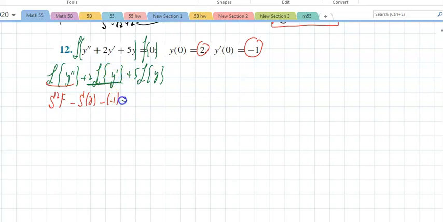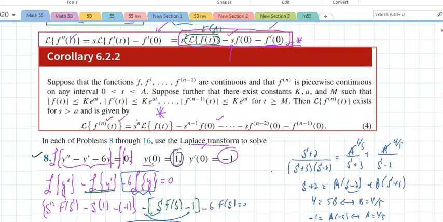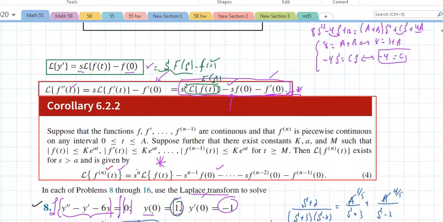This piece, plus twice, if I take Laplace applied on y prime, that is twice s F of s minus y prime, which is a negative 1. It is y prime, right? I'm just doing that out of minus F of 0, my mistake.